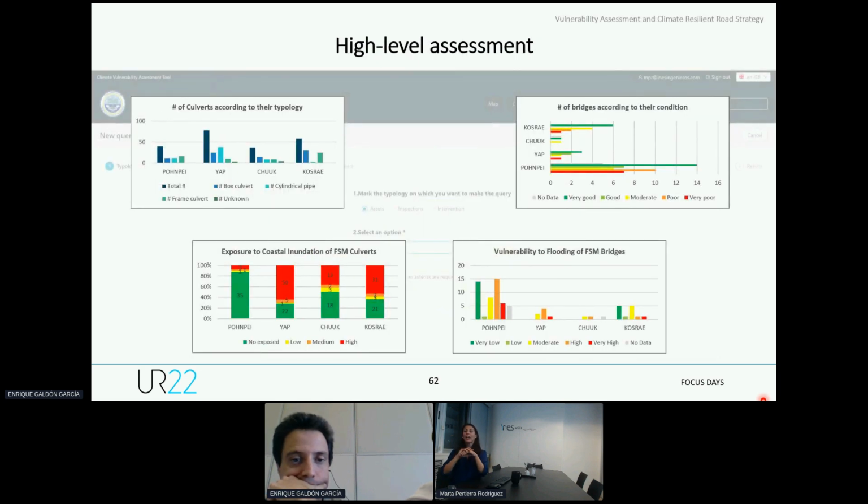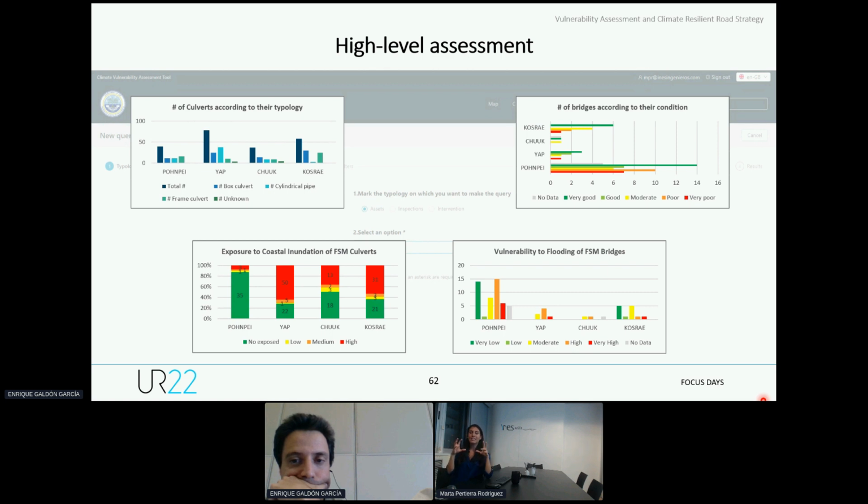So we have used this tool to propose interventions or run analysis at 2 levels. We can use it for country level or state level analysis. In this case, for example, you can see different graphs that we are extracting from queries to the database in terms of vulnerability, exposure, and typologies of assets in the 4 states of the island.